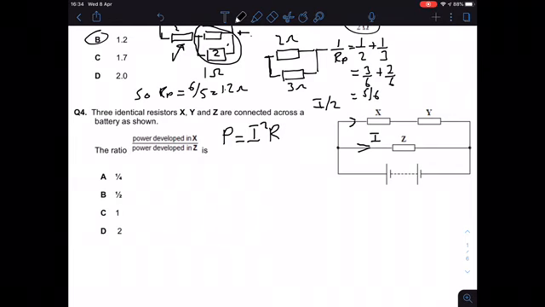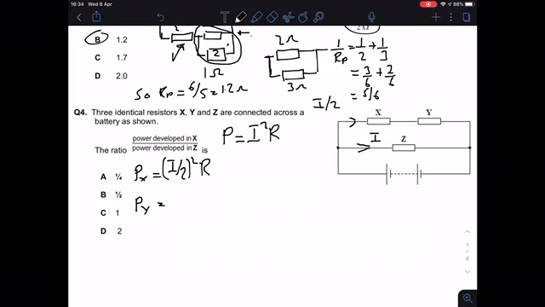So the power in X is equal to, well, we're saying the current flowing through X is I over 2 all squared multiplied by R, and the power in Z is I squared R again.